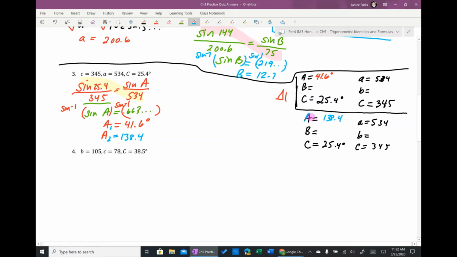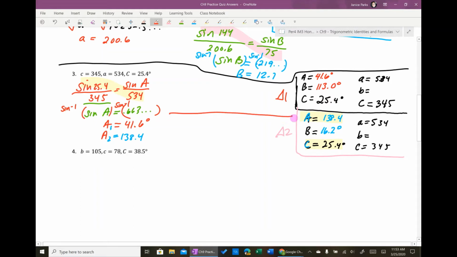And then because angle A and angle C, if you add those together, are not over 180, that means that you will have a second triangle. Okay, so if I add these two together and subtract that from 180, then that gives me 16.2 degrees. It's a small angle, but it is another angle. For the top triangle, if I add these two together and subtract that from 180, this is 113.0 degrees.